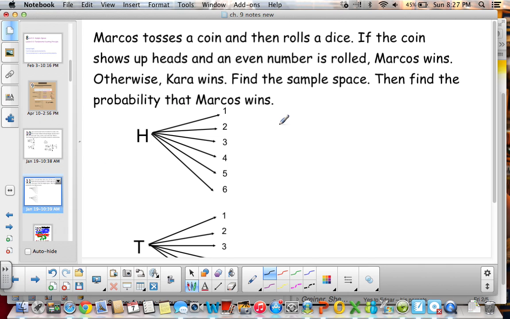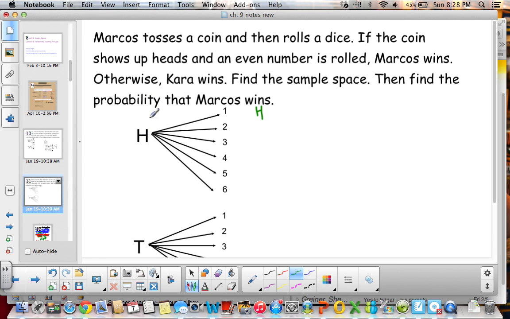Okay, Marcos tosses a coin and then rolls a dice. If the coin shows up heads and an even number is rolled, Marcos wins. Otherwise, Kara wins. Find the sample space, then find the probability that Marcos wins. Okay, well, first of all, the first thing that he does is tosses a coin, and he can get a head or a tail.